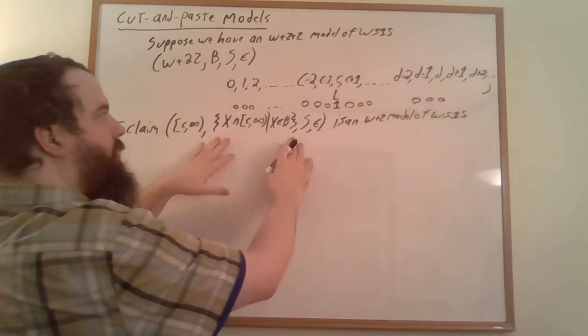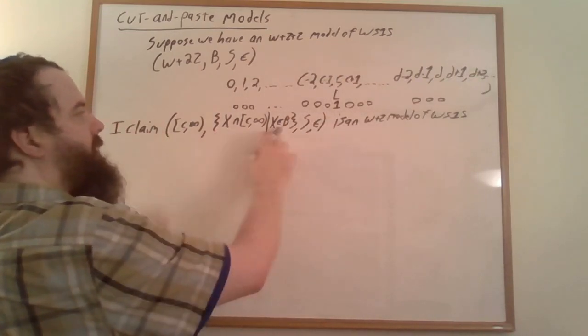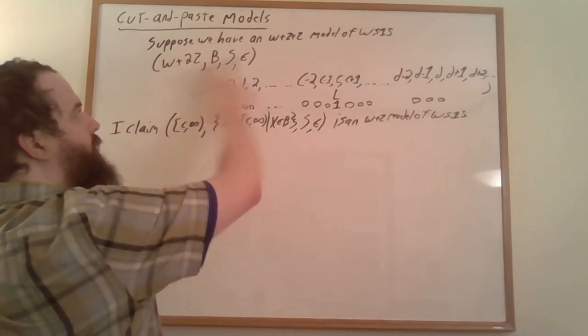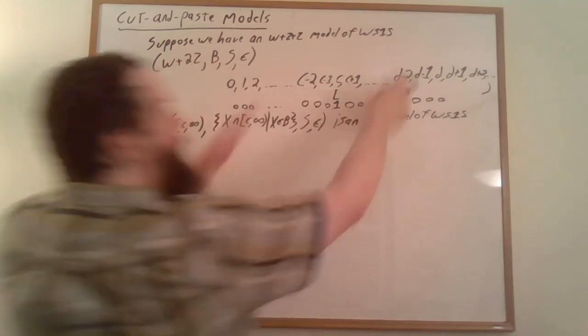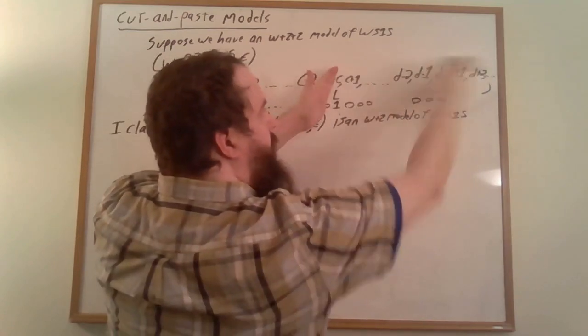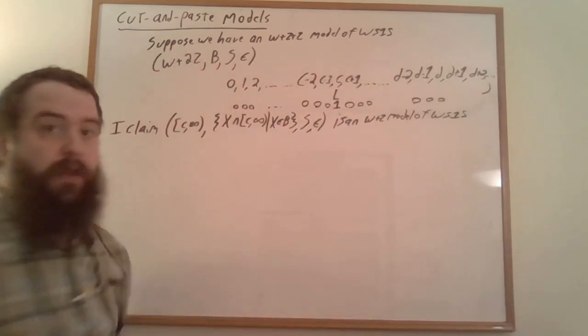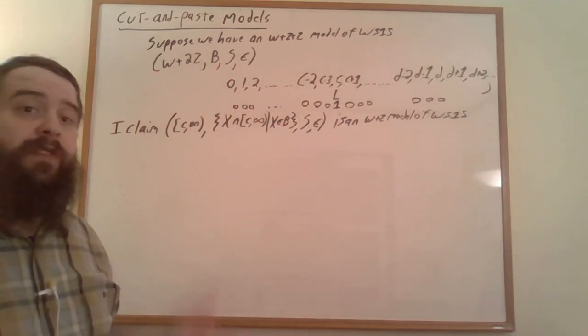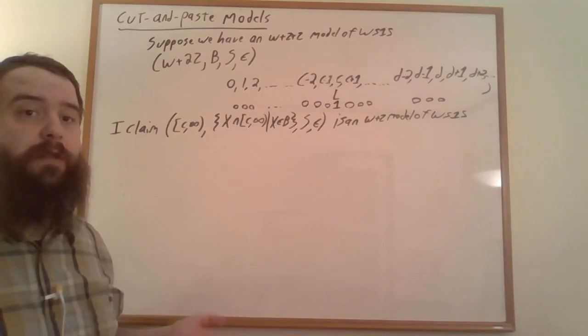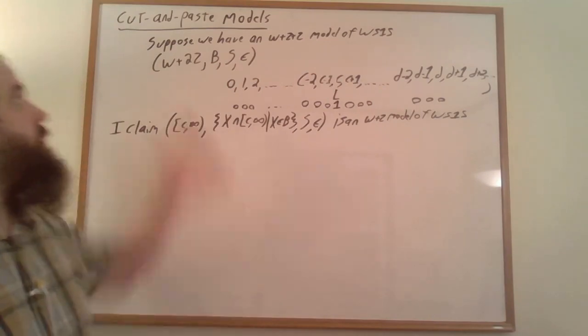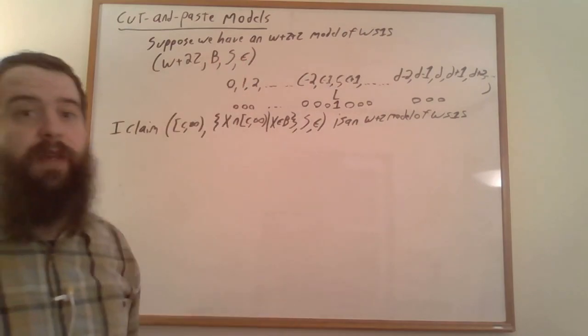And then the second order part is going to be, we take every second order element of the original model and intersect it with this restriction that we're looking at. Then the result is always going to be a non-standard model of weak S1S, regardless of what sort of model we started with.